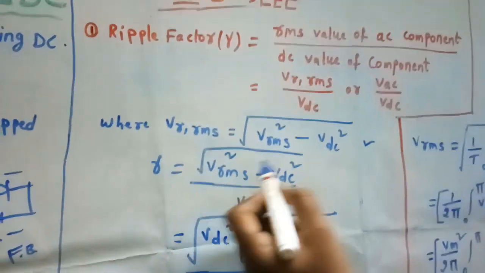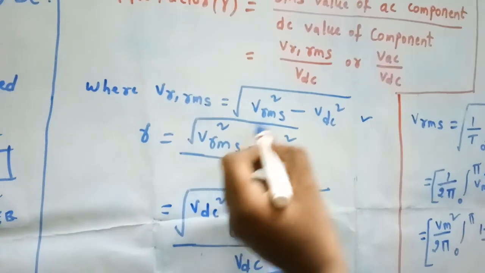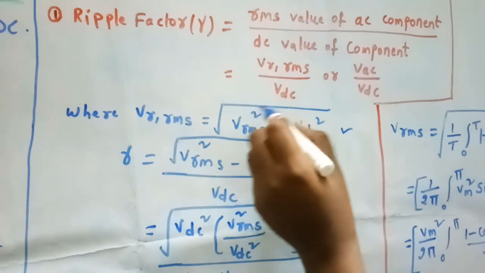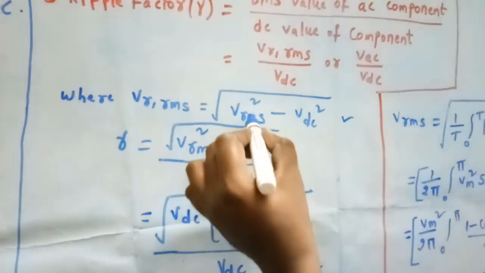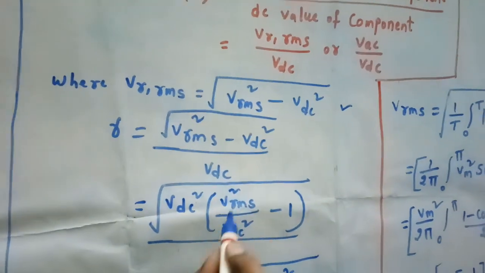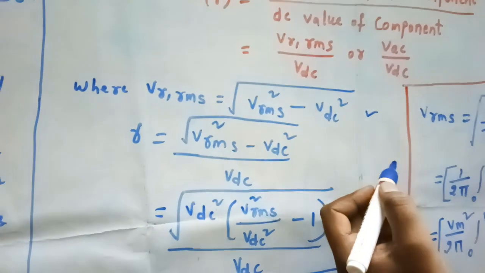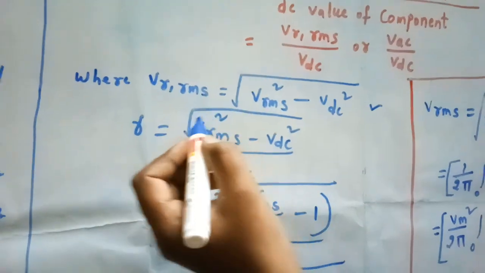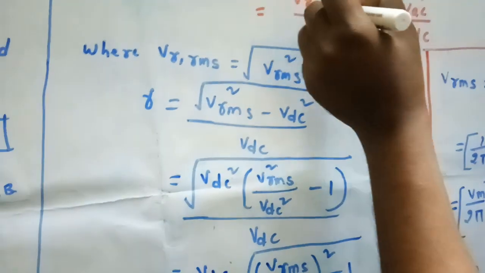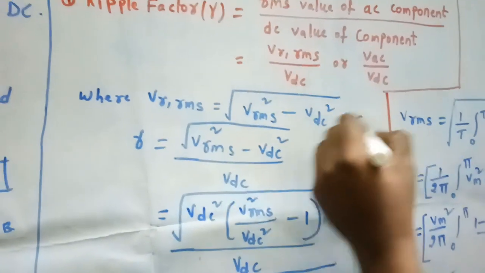Substitute here, you may get the ripple factor. Ripple factor is V_r,rms by VDC, where V_r,rms is the square root of VRMS square minus VDC square.